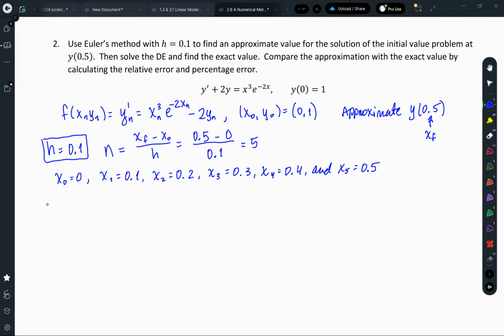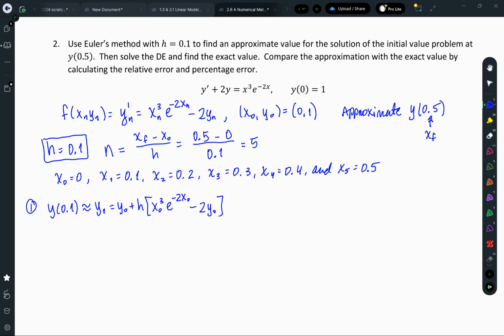So I want to first get y. Sorry, this will be our first step. We have y of 0.1, which will be approximately y sub 1, which is equal to y naught plus h times x naught cubed e to the negative 2 times x naught minus 2 times y naught.